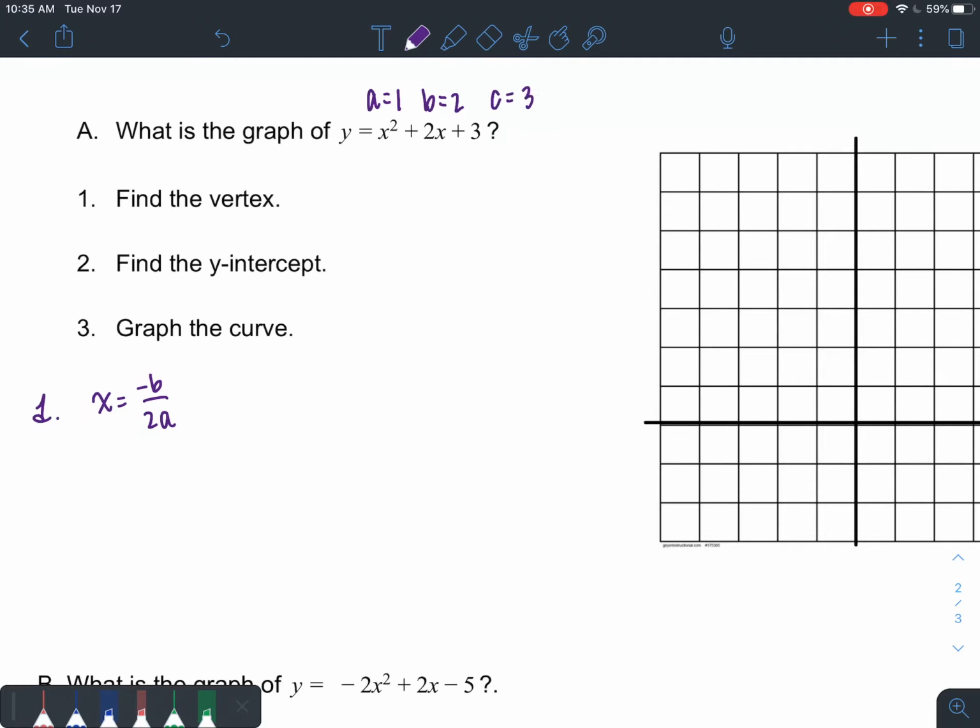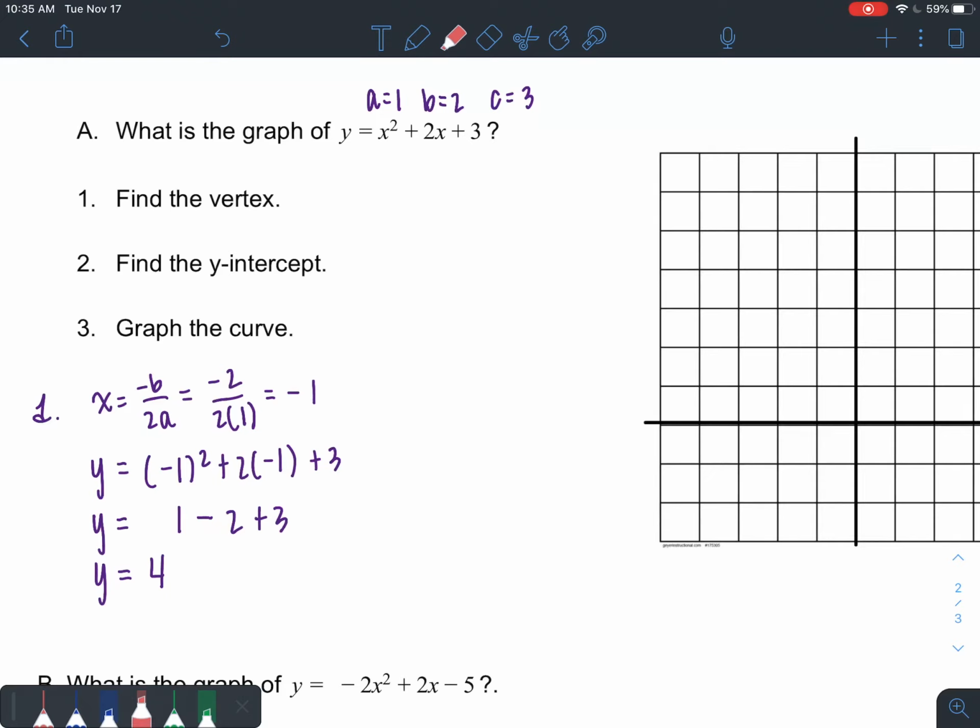Okay, so then negative 2 over 2 times 1 gives us negative 1. Then we'll plug that back in. So we have y equals negative 1 squared plus 2 times negative 1 plus 3. If you plug that into your calculator, you get 1 minus 2 plus 3. And so y equals 4.